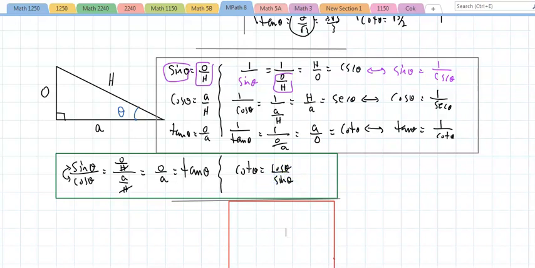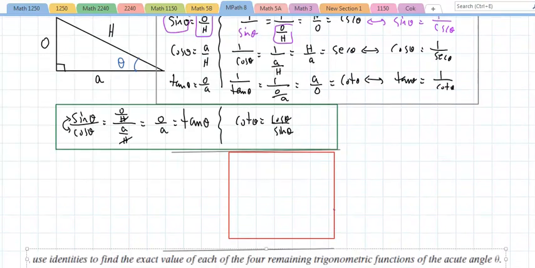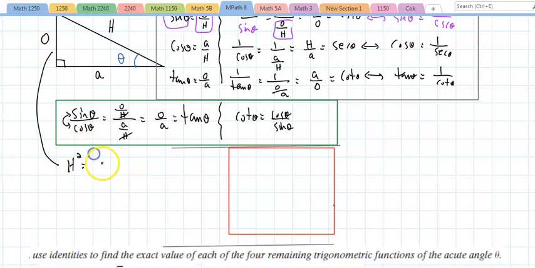Now, I'm going to derive 3 more before I conclude this video and move on to the next video. If I take the hypotenuse squared from this triangle, that is the opposite squared plus the adjacent squared. If I divide each side by the hypotenuse squared, I'll get 1.